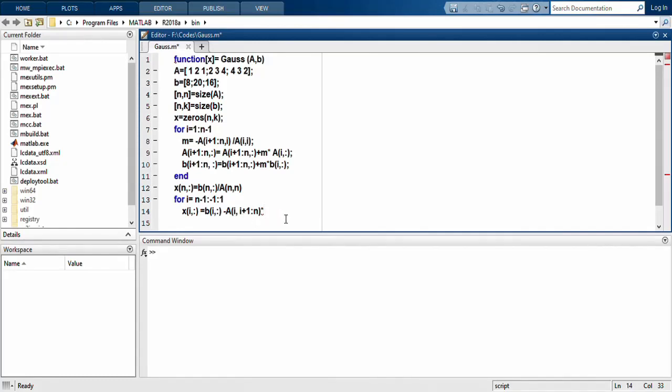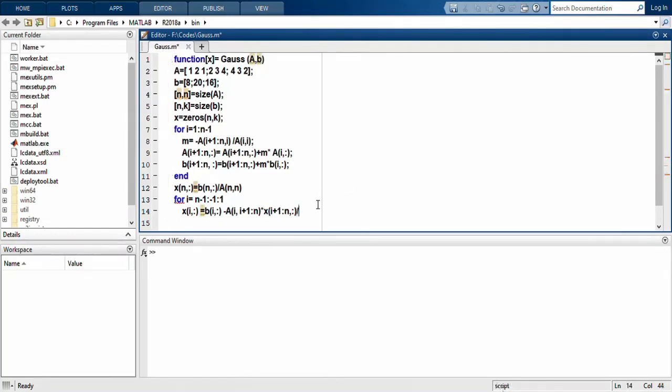So that is what I was trying to tell you, that it is the change in the columns in a specific row. So these are the other two constants, i plus 1 to n, comma, column. So columns are changing, but the row is fixed here.